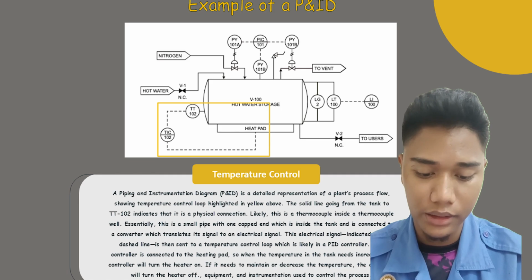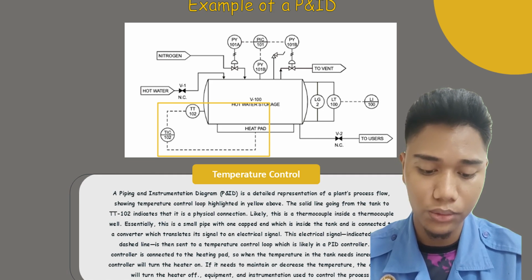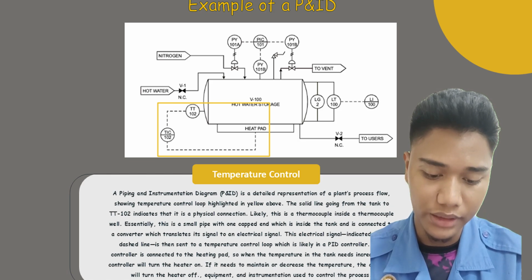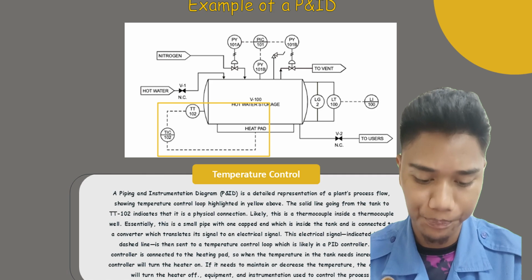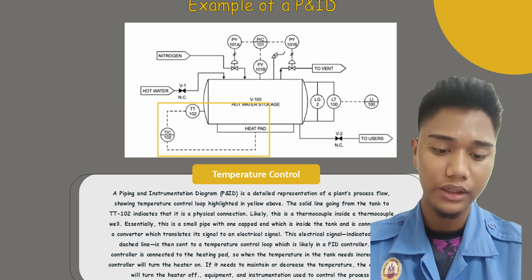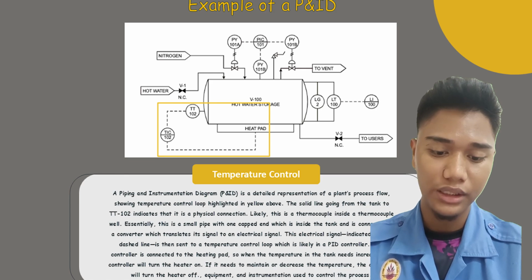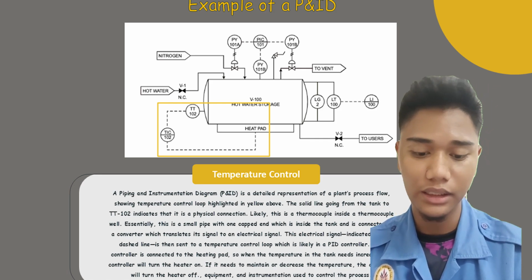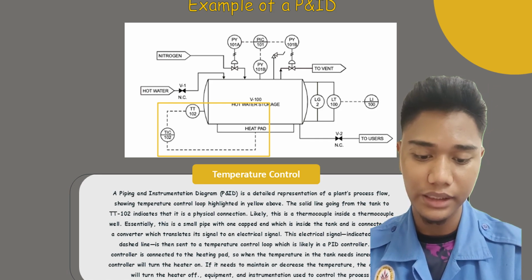The solid line going from the tank to temperature transmitter 102 indicates that it is a physical connection. Likely, this is a thermocouple inside a thermocouple well. Essentially, this is a small pipe with one cap, which is inside the tank and is connected to a converter which translates its signal to an electrical signal.